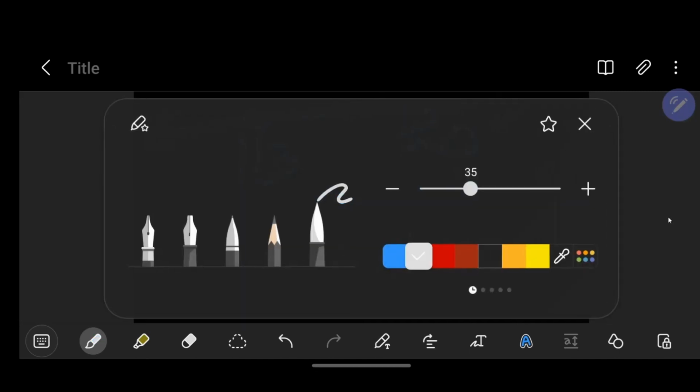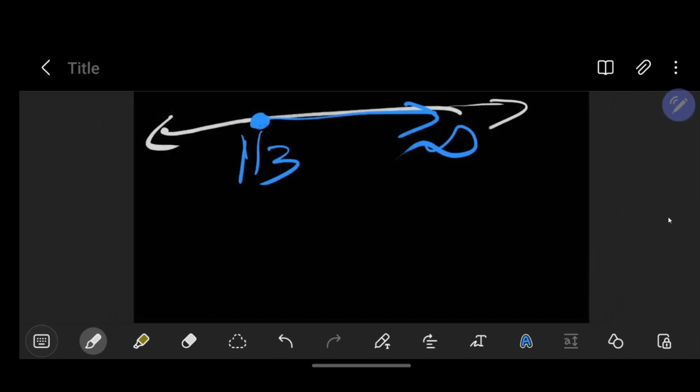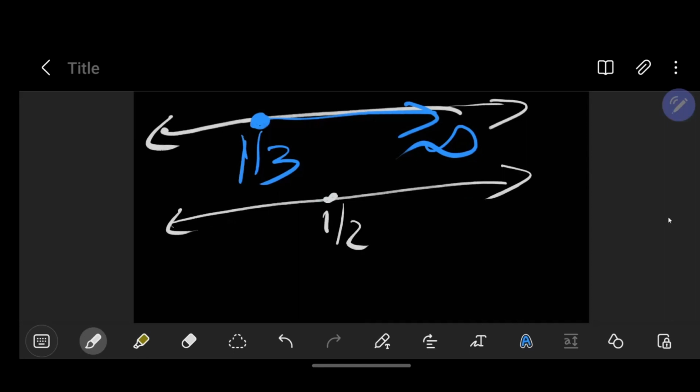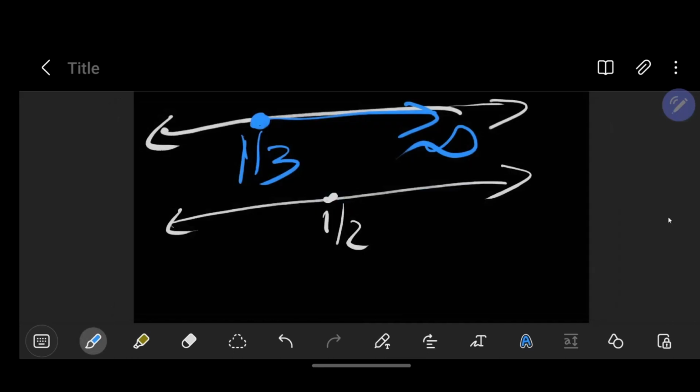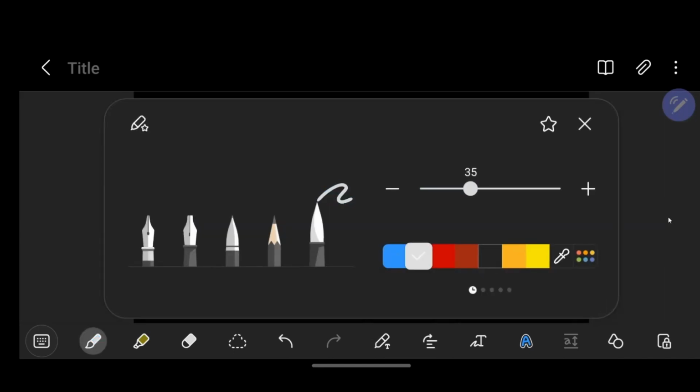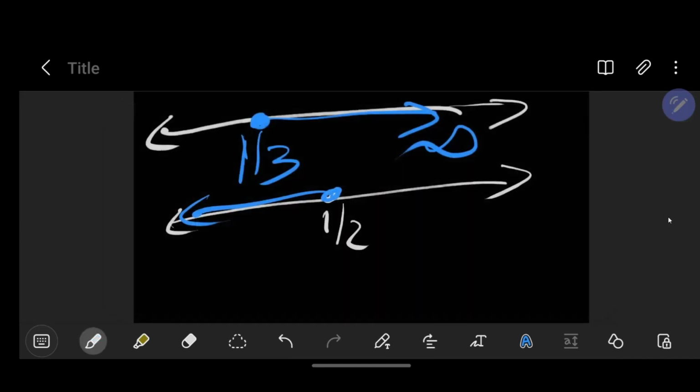Then we have x is less than or equal to half, so half would sit around here, and it is saying it's less than or equal to half, meaning that we'll include half and we'll move all the way in that direction.